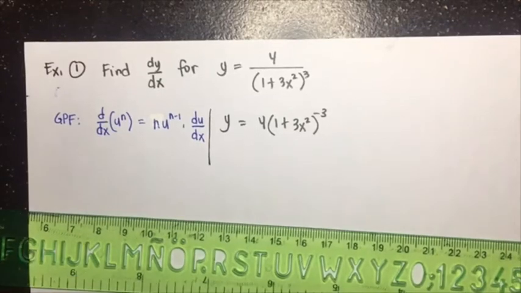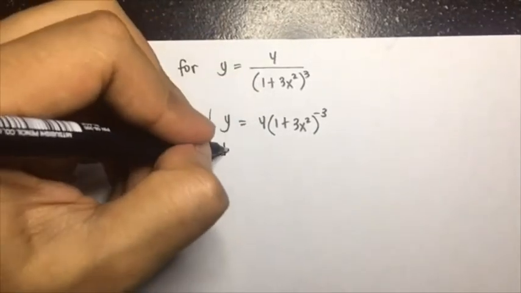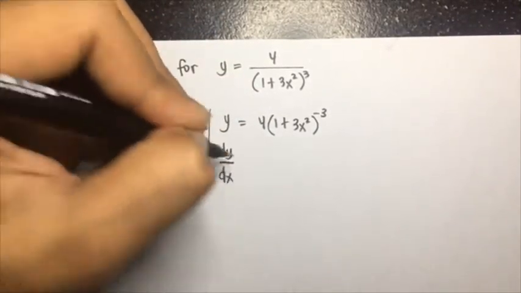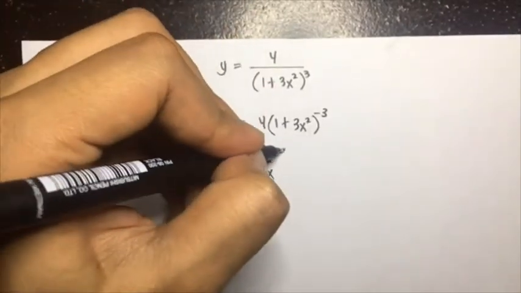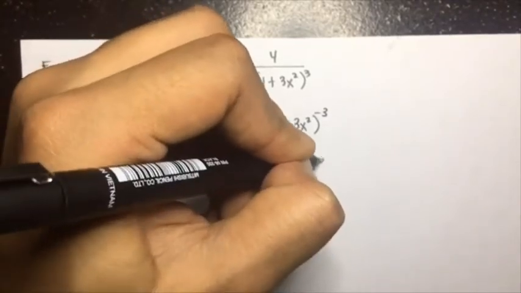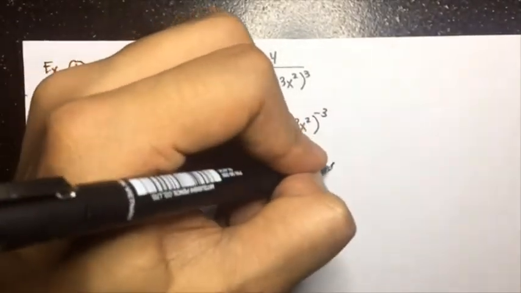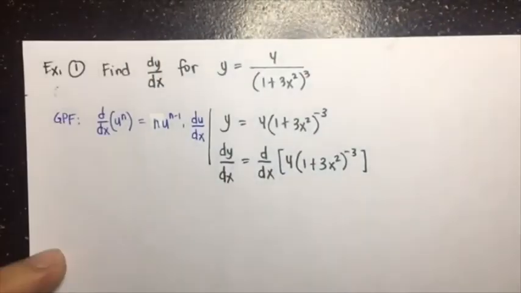Okay, so deriving y with respect to x, dy over dx is the derivative with respect to x of 4 times 1 plus 3x squared raised to negative 3.